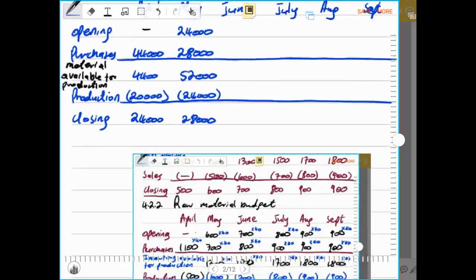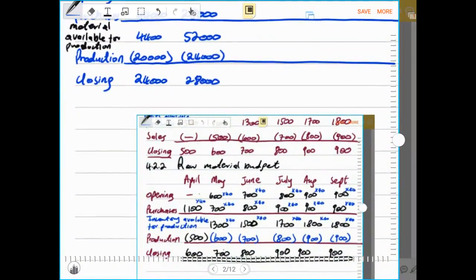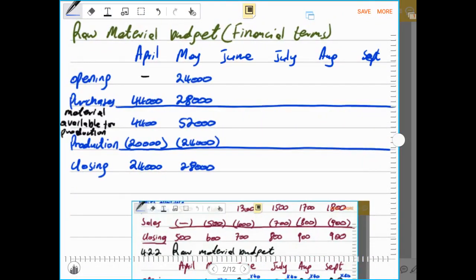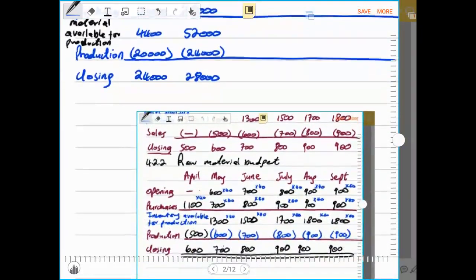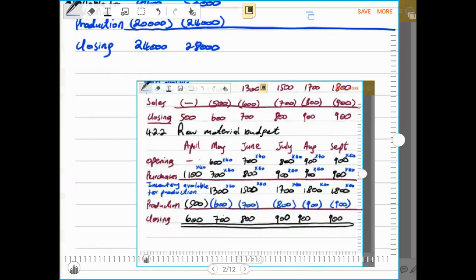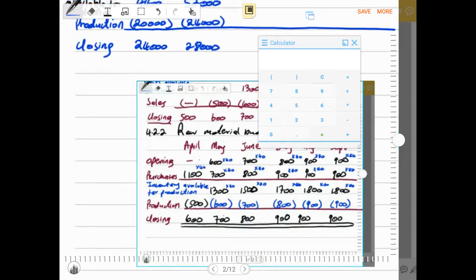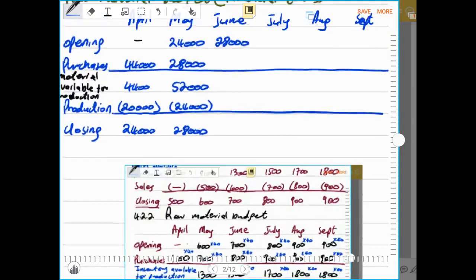Then the month of June, we had 700 opening. Therefore that will be 28,000. We've calculated that, 28,000 in the month of June. And purchases in the month of June were 800. Therefore 800 times by 40 gives us 32,000.